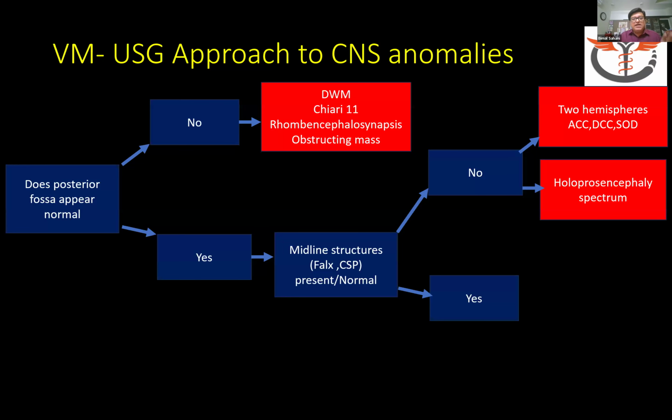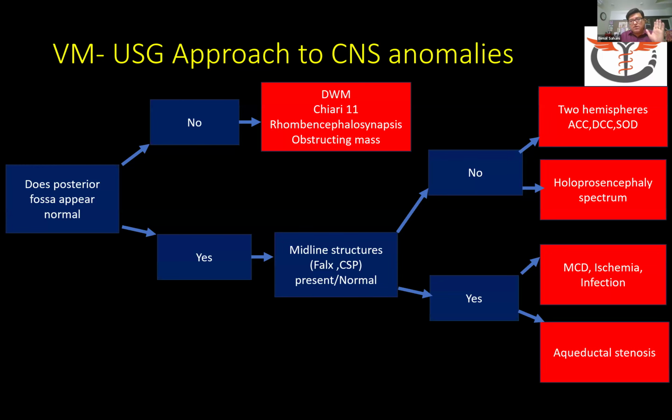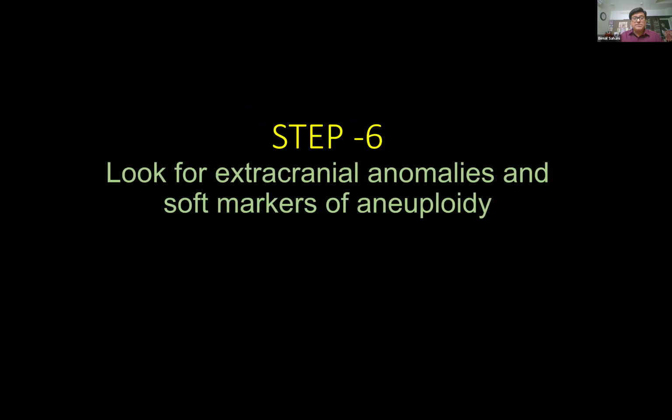And if the midline structures are present and normal, then I will start thinking in terms of malformation of cortical development, ischemia, infections, looking at the cerebral parenchyma, and also look for changes of aqueductal stenosis.